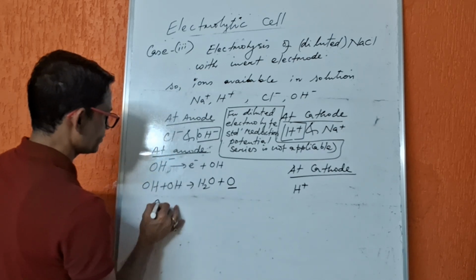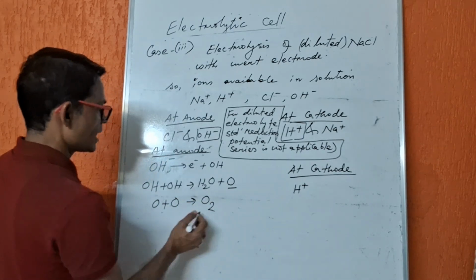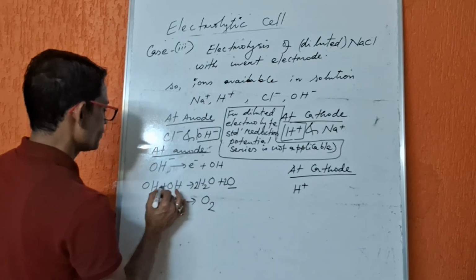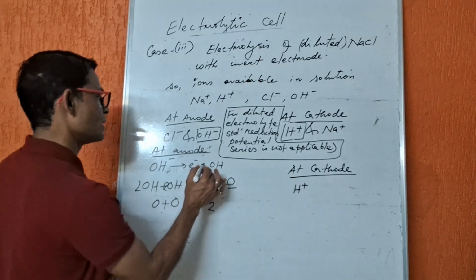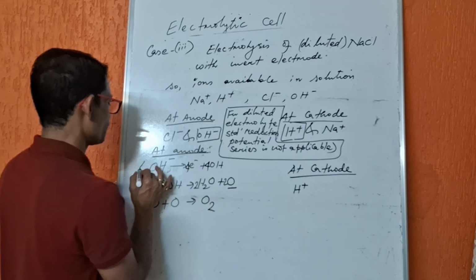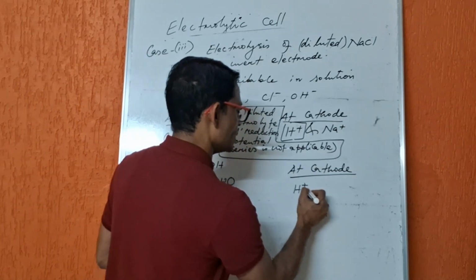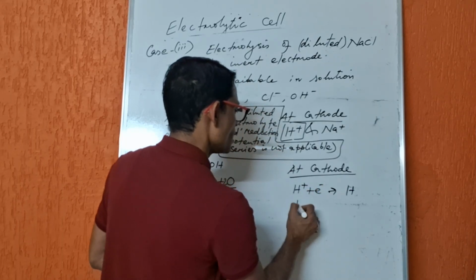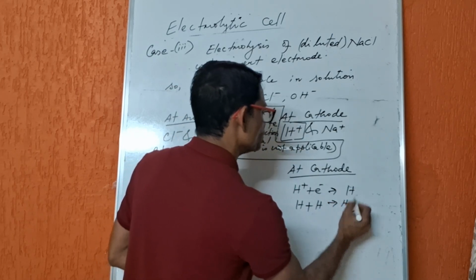This oxygen is O2, and this one is 2 and 2, which means we will get 4 and 4. Here H plus will accept an electron and reduce. H plus H gives H2.